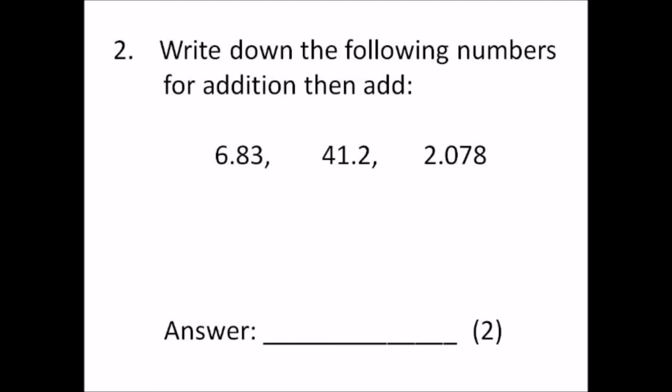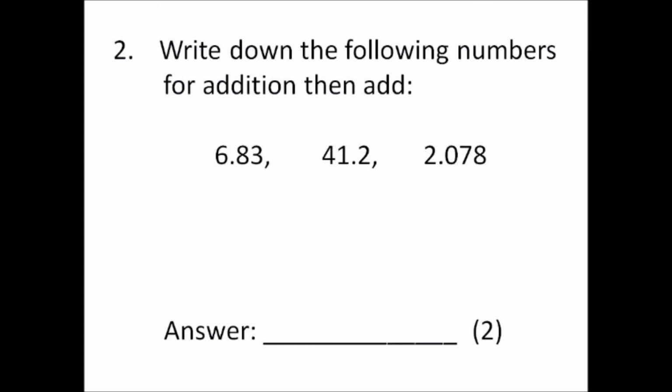And now we will move on to question 2. Write down the following numbers for addition, then add. So you have 3 numbers there. Write those 3 numbers down for addition, then add them and put your answer on the line. 2 marks again. Now you're dealing with 3 decimal numbers. You need to know how to write them in order to do the addition.